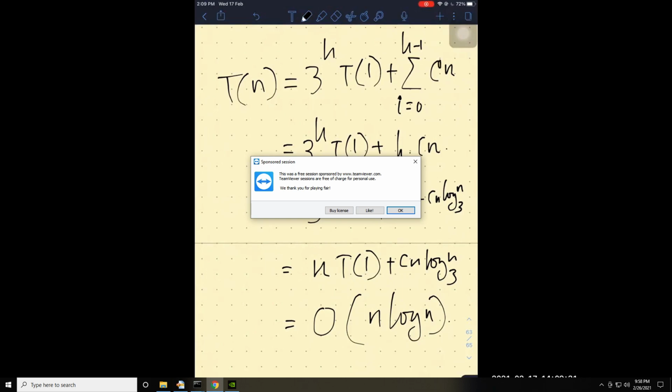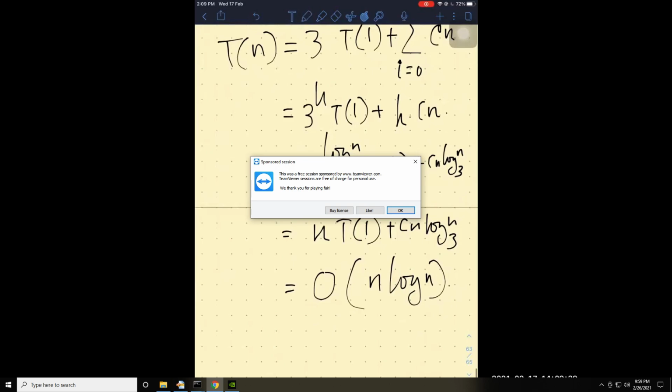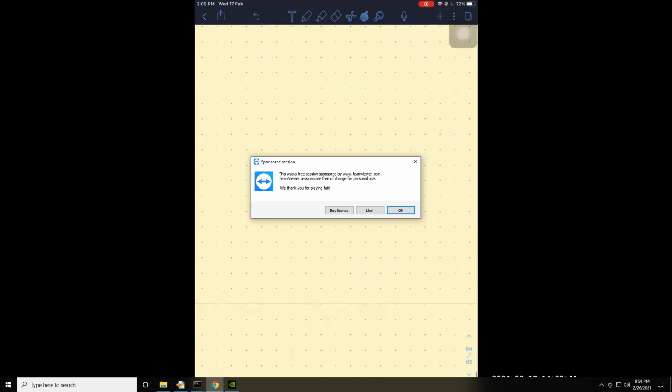Is it clear? Yes, but this one is very easy. Could you explain something a little bit harder, because that one is very easy. Okay, so let's try another one.